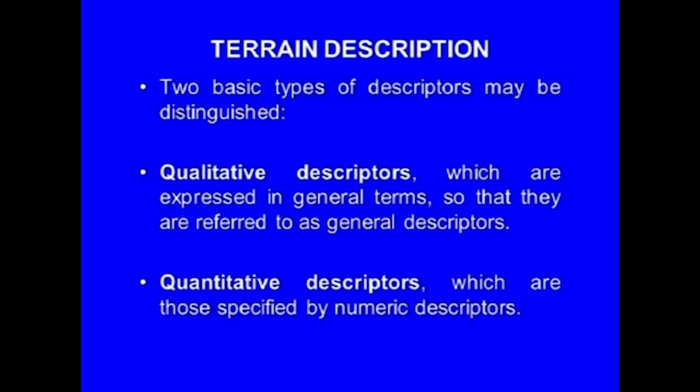Now, terrain description can be made by 2 basic types of descriptors. First is qualitative descriptors, which are expressed in general terms, so that they are referred to as general descriptors. Second is quantitative descriptors, which are those specified by numerical descriptors.